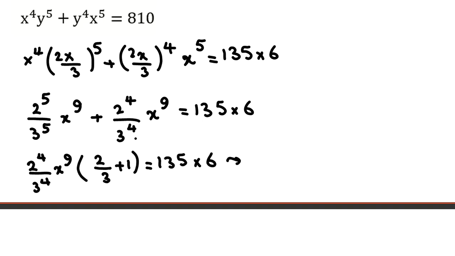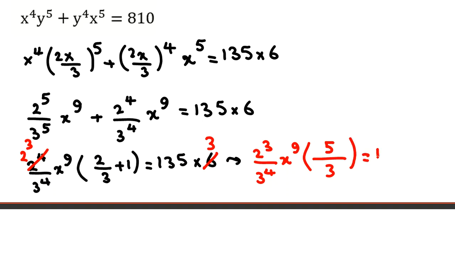Now, if we simplify more, let me remove 1, 2 from this and this. It will be 2 cubed. Divide both sides by 2. So it will be 2 cubed, 3 to the 4, x to the 9 times, using a common denominator of 3, 3 plus 2, 5, equal to 135 times 3. Now, if we divide both sides by 5, times this, 27.